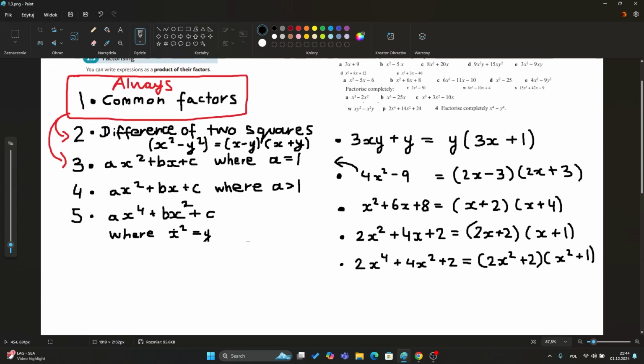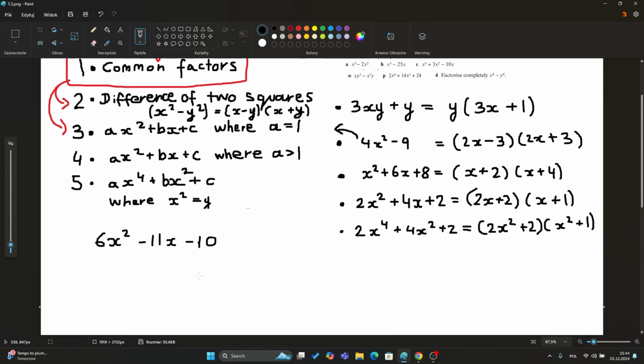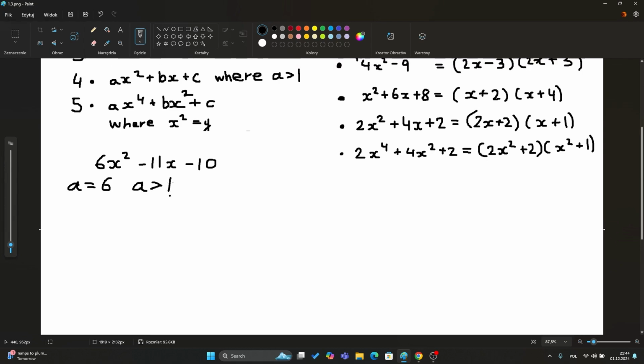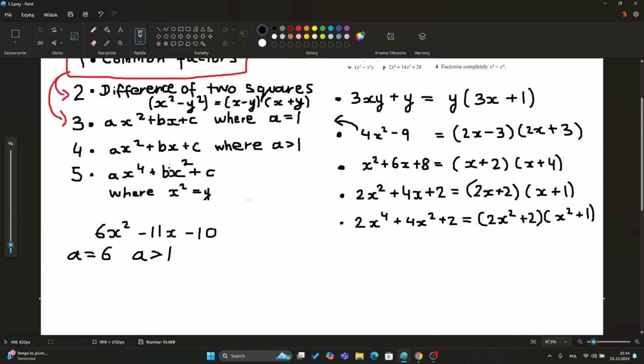But what happens if we have 6x squared minus 11x minus 10? Well, now we know that a, the coefficient, is 6 and a is greater than 1, therefore we have to use another method for this.